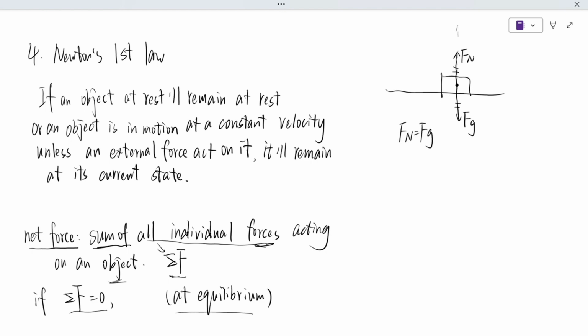And the net force equation can be written like this: sigma F is equal to, you can write whatever you want at first, let's say Fn is positive, Fn minus Fg is equal to 0, which means Fn is equal to Fg.